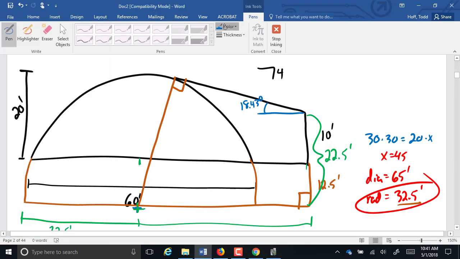So that is 18.43 degrees. So that makes this 108.43, which makes this angle here 71.57, right? Sure, right?